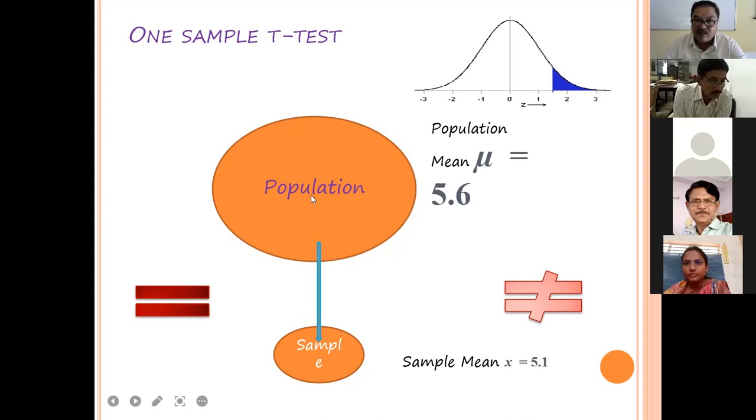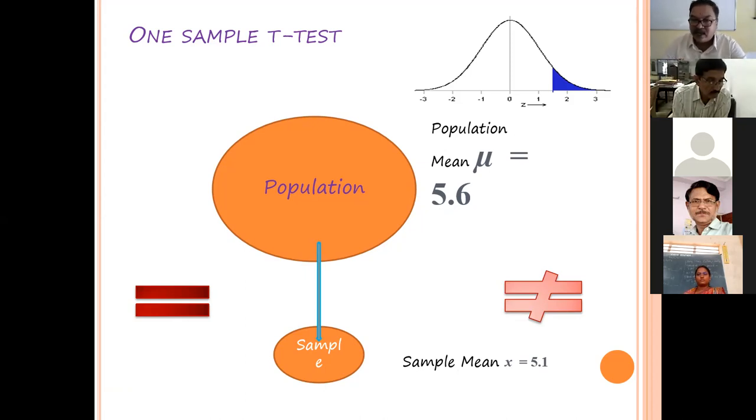Meaning there is no difference between the population mean value and the sample mean value. So if you have proved this, you are not rejecting the null hypothesis. If both are the same, you are not rejecting the null hypothesis. If you reject the null hypothesis, it means the population average is different from the sample average.